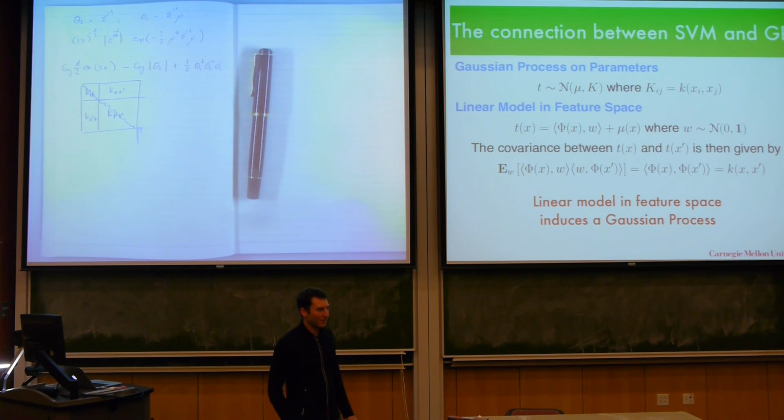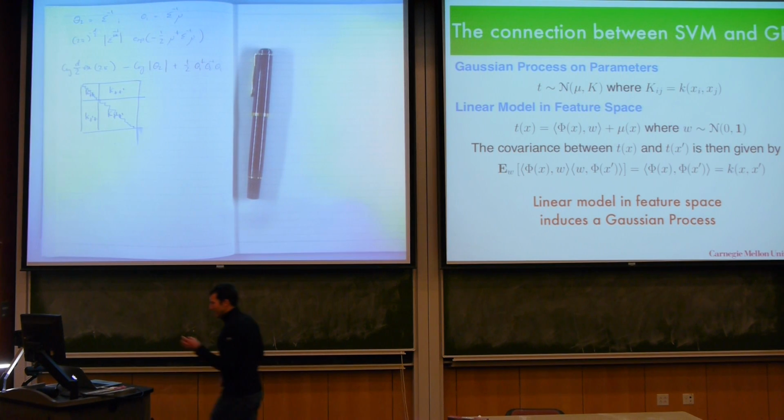Correct. So the proof strategy is you pull the phi of x's out of the expectation. This is exactly the right answer.